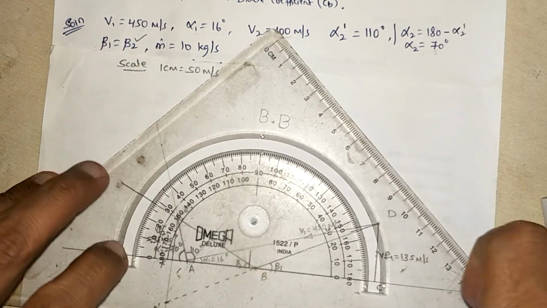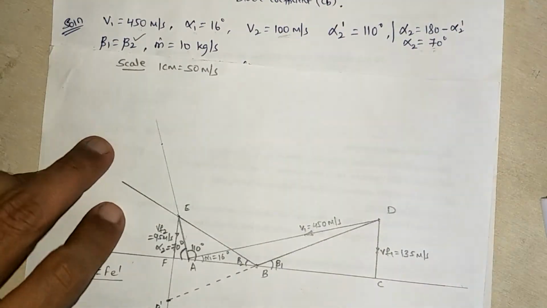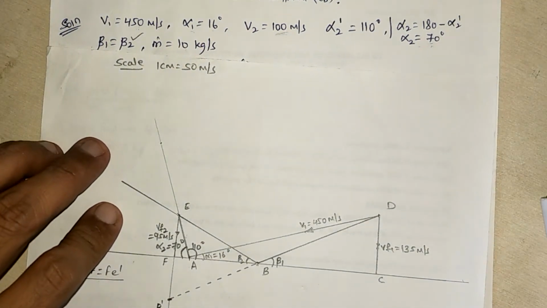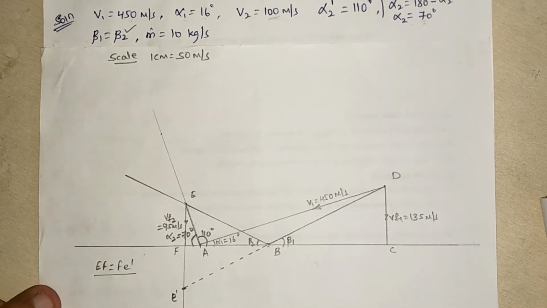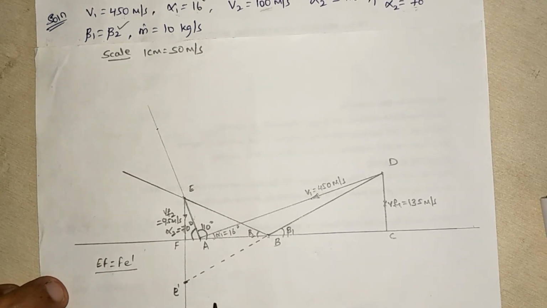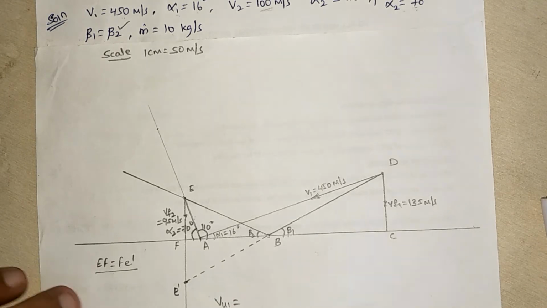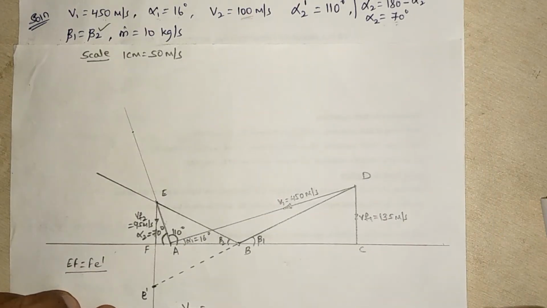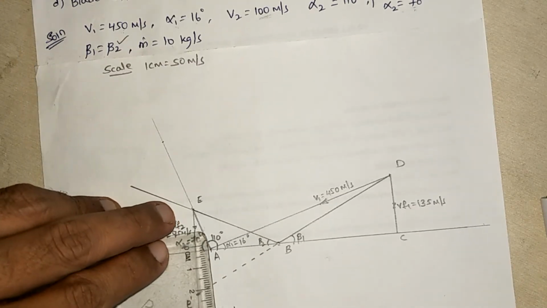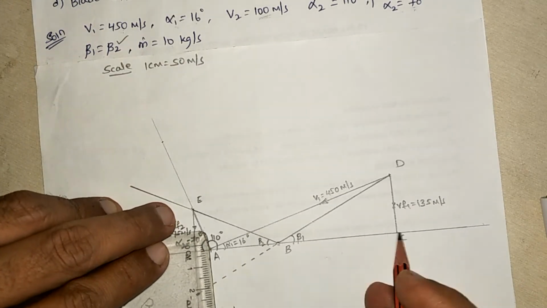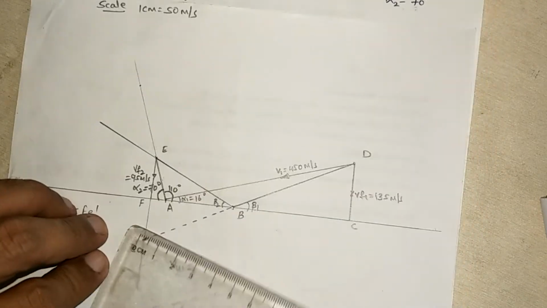Now measure the length of every component, because we need to calculate power here. Measure VU1. AC is nothing but VU1, all of you know this part.